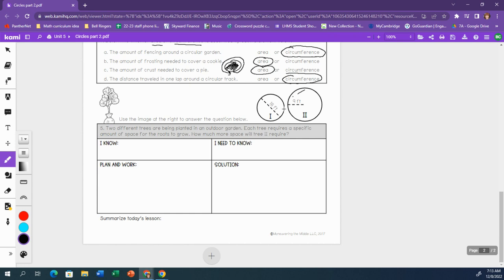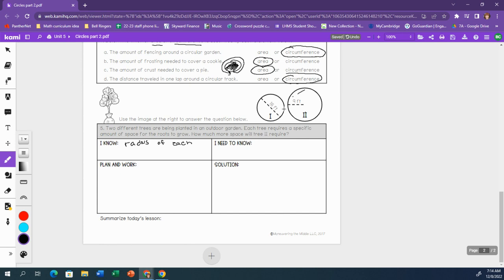Okay, last one. Use the image over here at the right to answer the question. 2 different trees are being planted in an outdoor garden. Each tree requires a specific amount of space for the roots to grow. How much more space will be required of tree 2 than tree 1? What do you know? You know the radius of each.